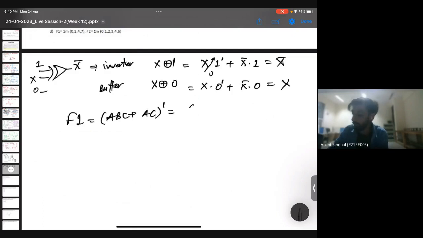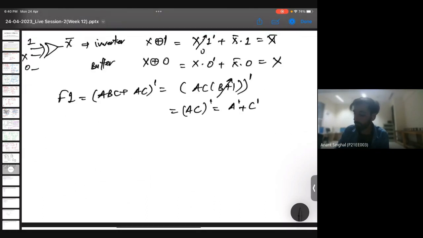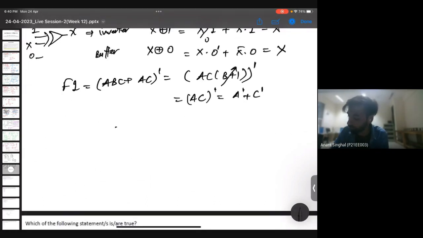If you try to simplify it, if we take AC common, it will be B plus 1, and B plus 1 will be 1 only. So we have AC whole complement, which will be A complement plus C complement. Since the options are in min terms, we need to make the canonical form, or we need to expand the same. So we shall do it something like that. Let's suppose.